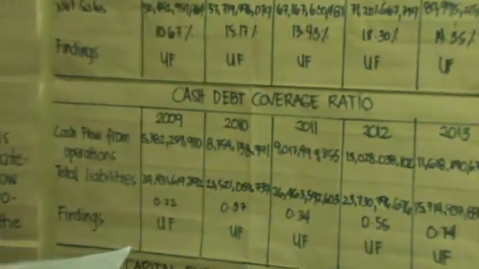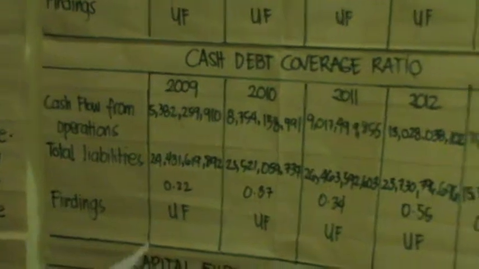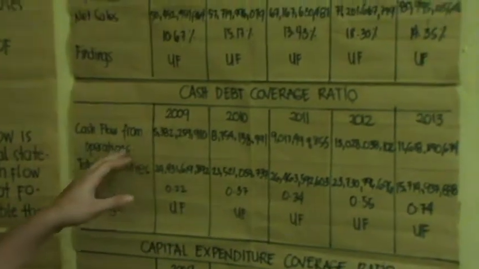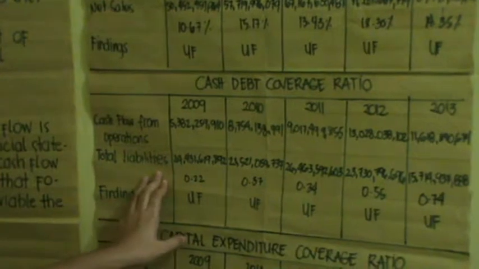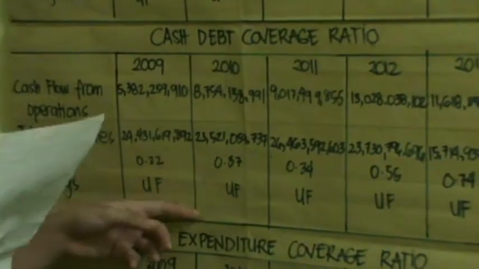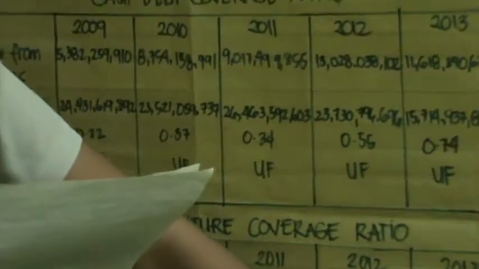Next, cash debt coverage ratio. These ratios show unfavorable results for the company. But the formula for the cash debt coverage, as I said earlier, is cash flow from operations over its total liabilities, which can be found on the balance sheet. Again, I arrived at unfavorable results for the past 5 years.